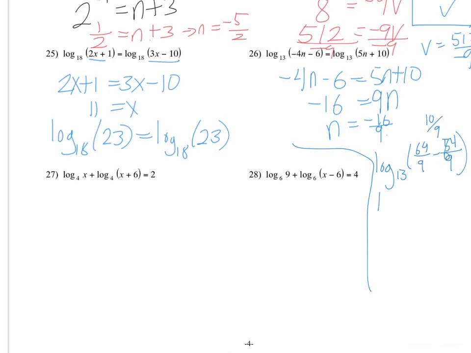And on the right, we got log base 13, 5 times negative 16 is negative 80 over 9, and then it's going to be plus 90 over 9. And that's 10 over 9. Hey, it worked. Non-extraneous.